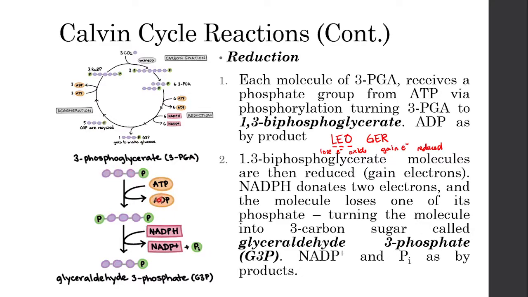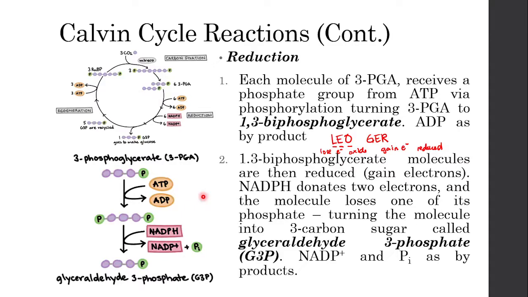And then when it's phosphorylated, a phosphate is attached on carbon number 1. That's why you have 1,3-biphosphoglycerate. And then lastly, NADPH donates 2 of its electrons, and the 1,3-biphosphoglycerate loses one of its phosphates. So that's one phosphate right there. And then this whole molecule now becomes glyceraldehyde 3 phosphate. Okay? So that is the reduction part of our Calvin cycle.